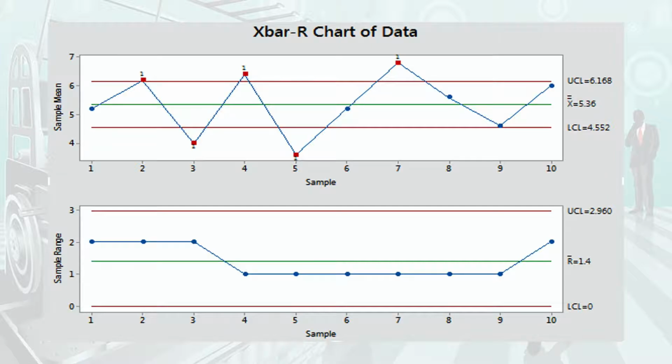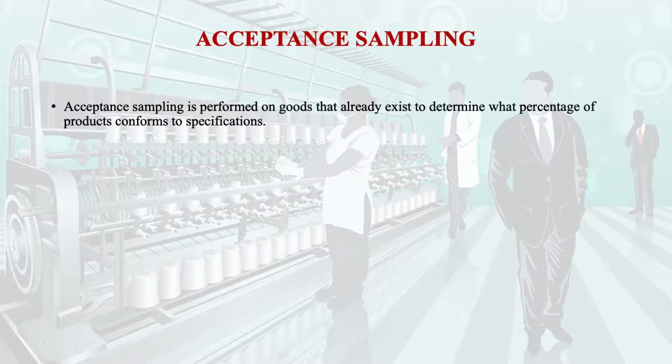Now we will come to acceptance sampling. In the case of acceptance sampling, I would like to say it is performed on goods that already exist to determine what percentage of products conform to the specification.